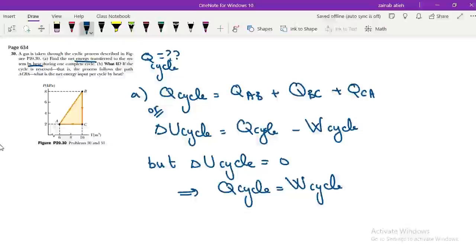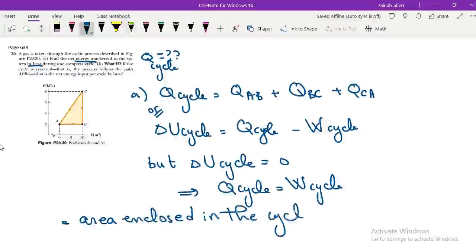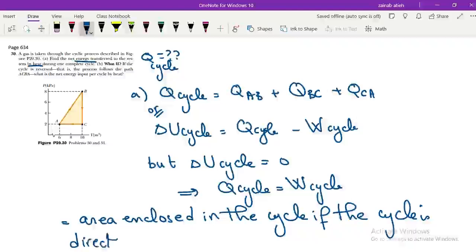So you can see here that the work of a cycle is equal to the area enclosed in the cycle, if the cycle is directed clockwise, like in our case.